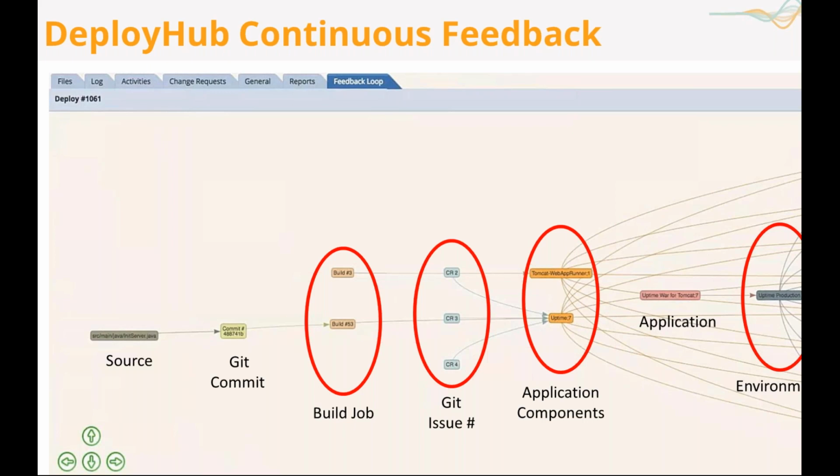And DeployHub allows you that freedom or that safety net to be automated, but still have a platform like DeployHub to give you that safety and security at the same time. What's happening is that you have these application components, and those components are associated back to GitHub through change requests or issue numbers.